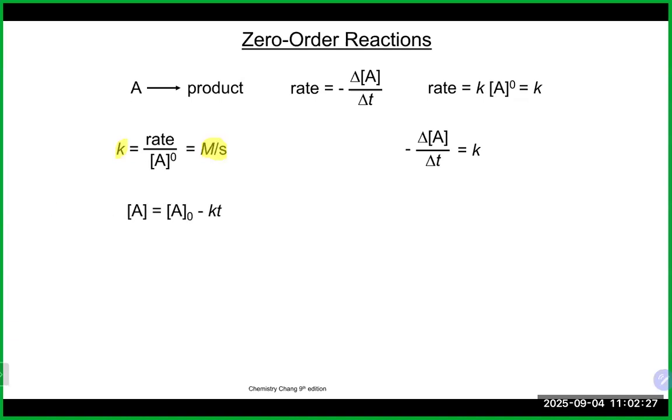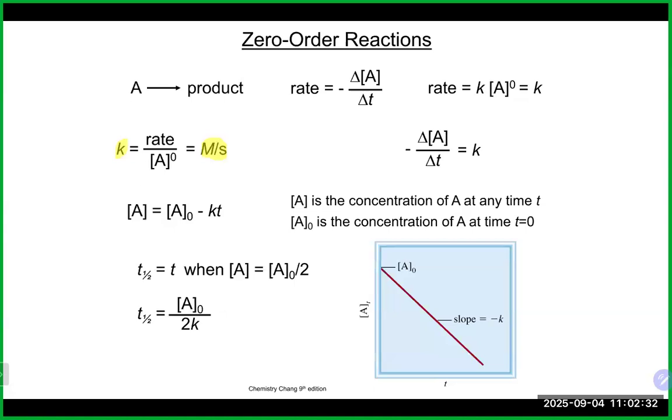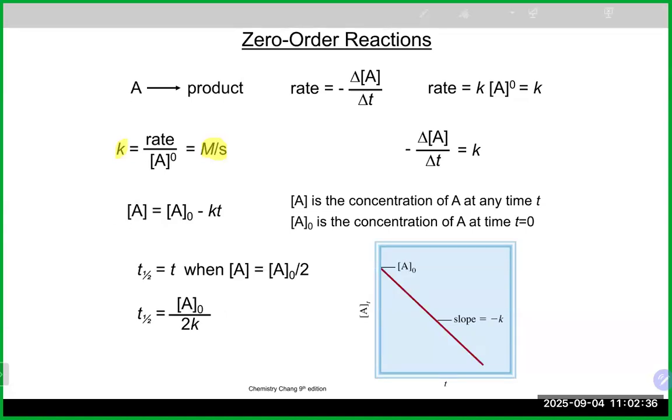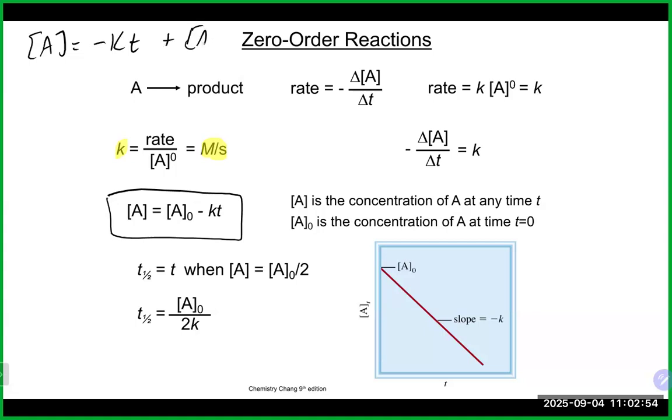We also have an integrated rate law here for zero order, and it is [A] is equal to [A]0 minus kt. And again, everything here is the same as in all of them. Just like the other ones, we could rearrange this and write it in the form of a straight line, y equals mx plus b.